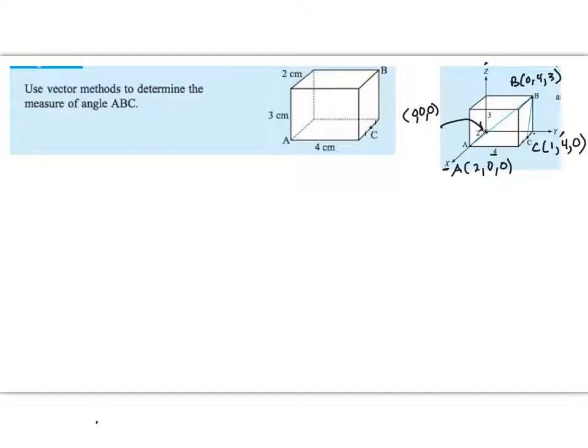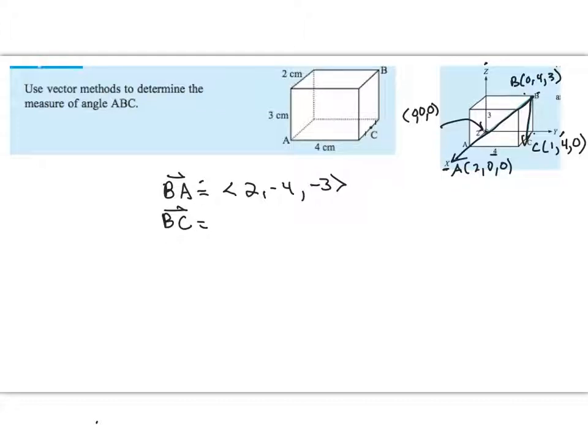And if I take a look at this, if I want angle B, I'm going to need to find the vector from B to A. And I'm also going to need to find the vector from B to C. Alright, so A is the second point, so 2 minus 0, or I had to move 2 in the positive direction to get from B to A. And then 4 to 0 would be negative 4, and 3 to 0 would be, I'd have to go back 3.